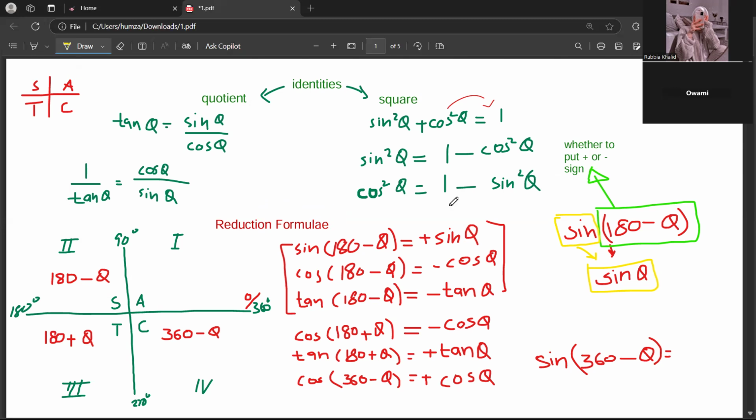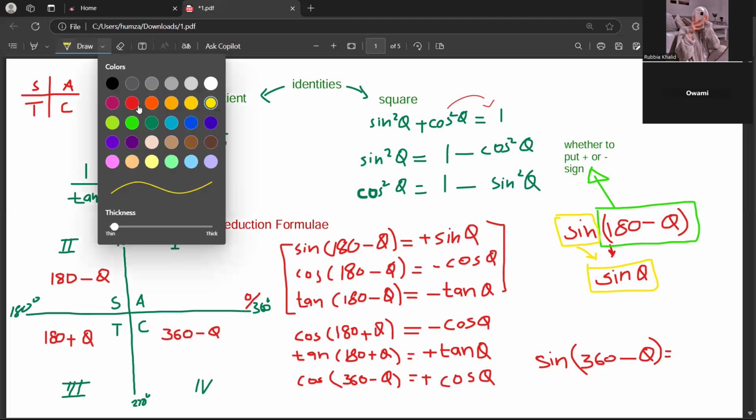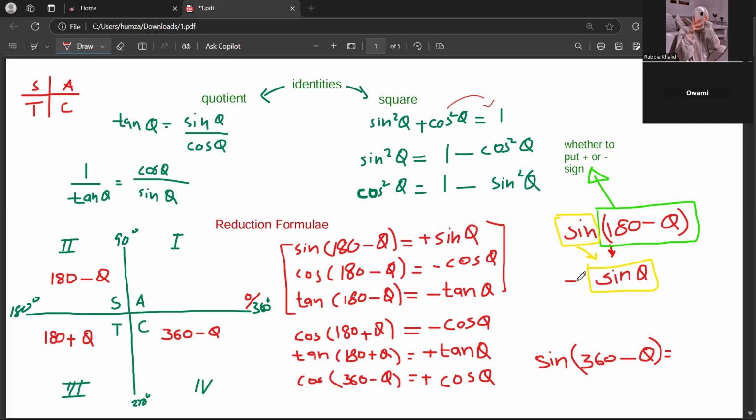So we will say, okay, if the 180 minus theta lives in the house where all the sine value is positive, then I will put positive sign next to it. Understood? Yes, ma'am.